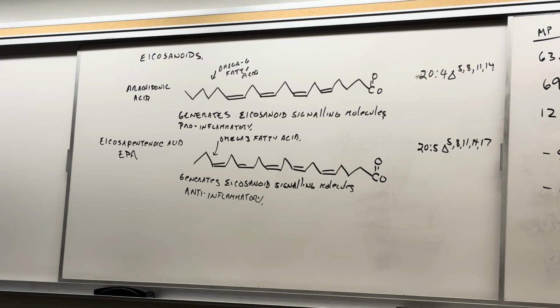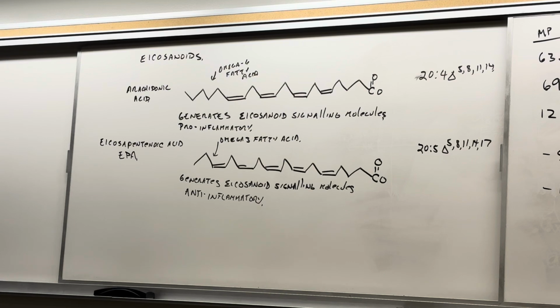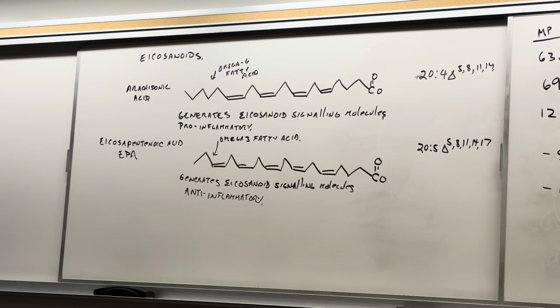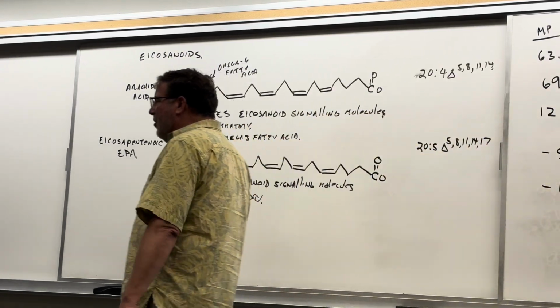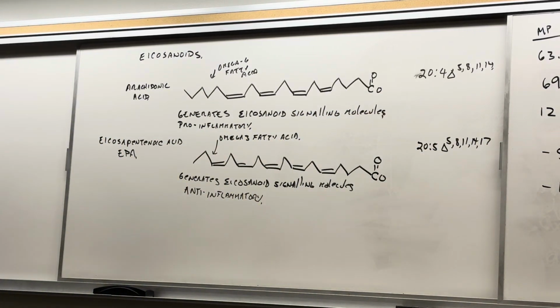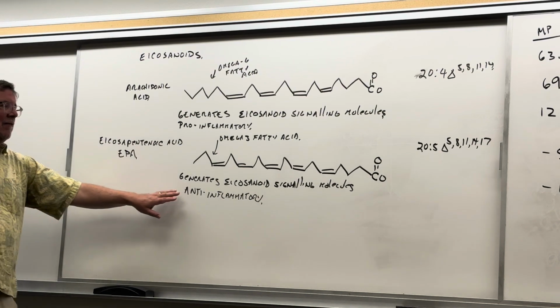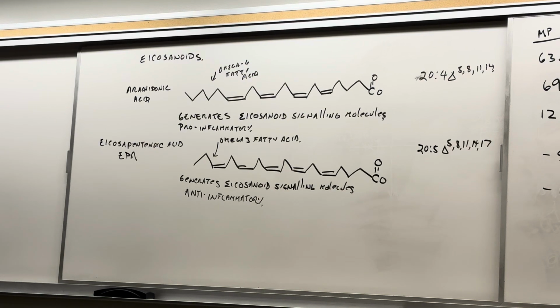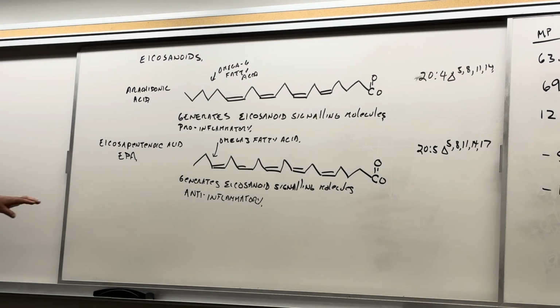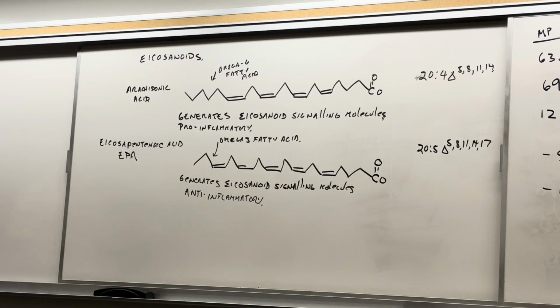People eating a lot of fish were getting a lot of omega-3 fatty acids and relatively low omega-6 fatty acids versus a land-based diet, and those people tend to have lower risk of heart attack. So the thought was that this might be causal, that the presence of these omega-3 fatty acids would promote the synthesis of these anti-inflammatory signaling molecules and provide a cardiovascular protective effect. It wasn't just a correlative thing; it was a causative thing.